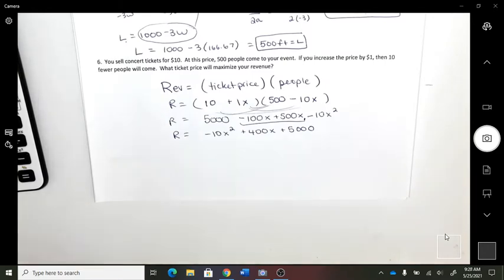So just when you're done your foiling, you have to understand which part is the A, which is the B, what's the C.